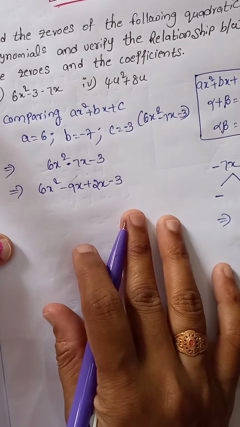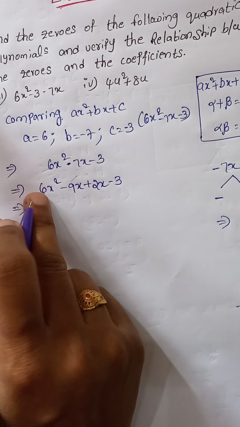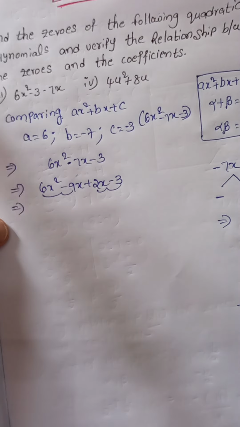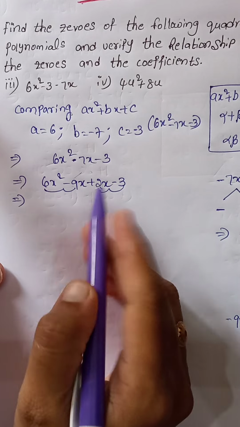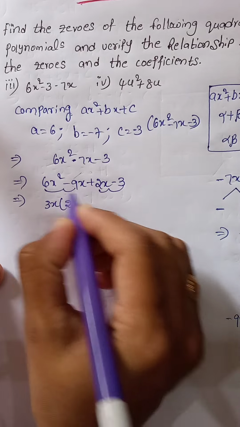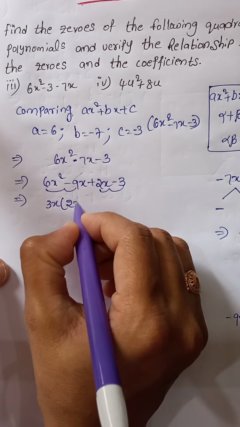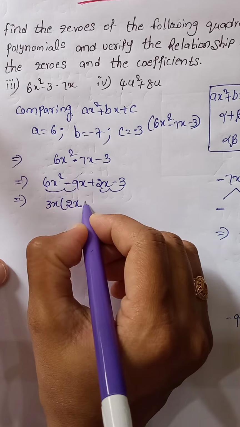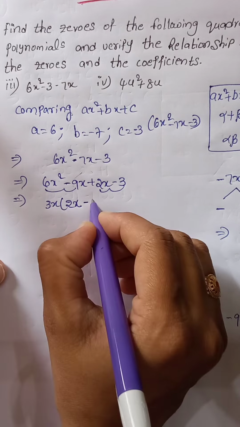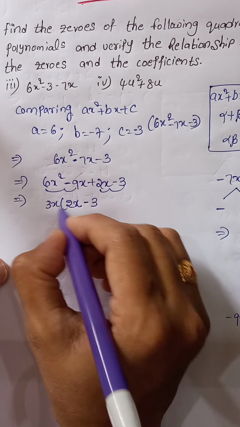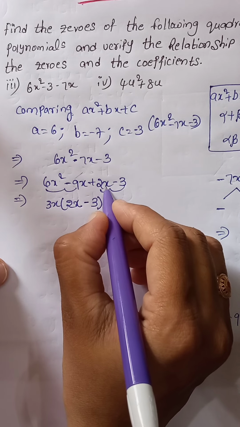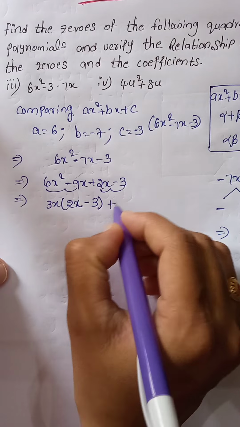In the first two terms, 6x square minus 9x, I am taking 3x common. 6 is 3 table 2 times, so we are left with 2x minus; and 9 is 3 table 3 threes are 9, so we are left with 3. In the next two terms, 2x minus 3, I am taking 1 common.